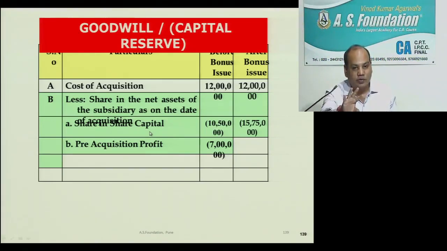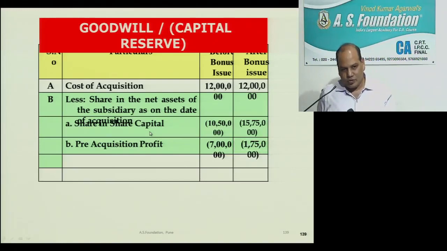So now the reserve remaining out of pre-acquisition is only 2,50,000. 70% of 2,50,000 is 1,75,000. Did you get it?